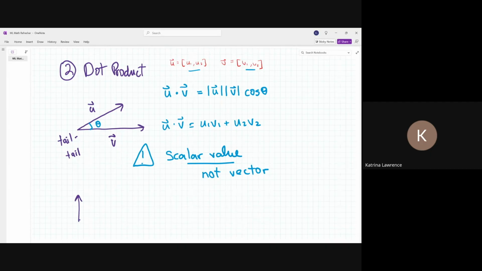If two vectors are perpendicular, that means the angle between them, theta, equals 90 degrees. And I want us to think about the cosine function. When the angle is 90 degrees, the function equals 0. So cos of 90 degrees equals 0.